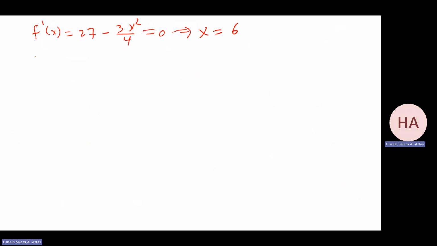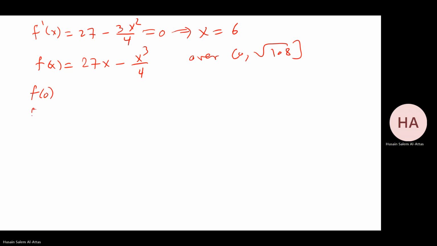So now we need to check f. Actually, I need f. F is 27x minus x cubed over 4, over the interval from 0 to square root of 108. Okay, so I will check f at 0, f at square root of 108, and f at 6.